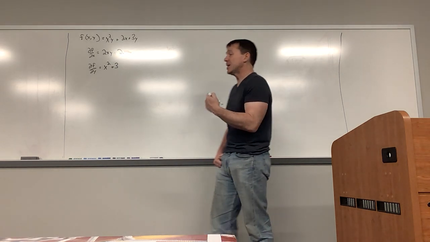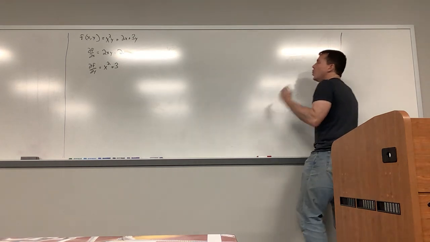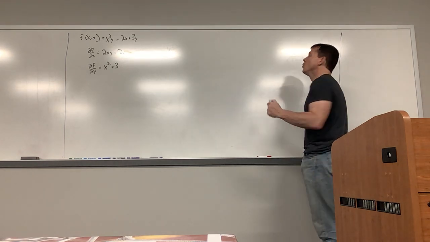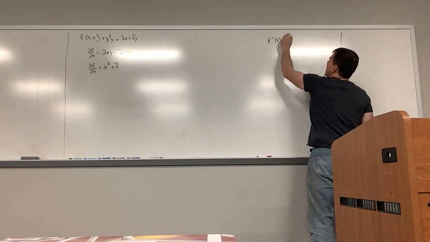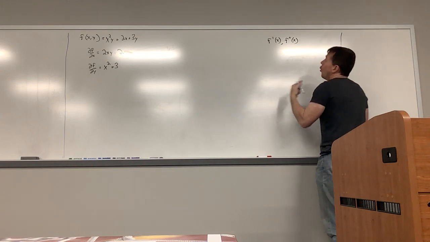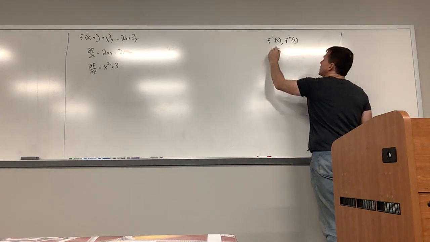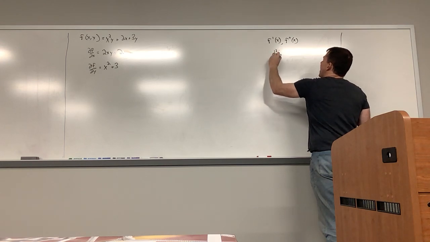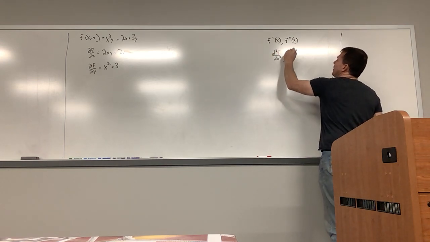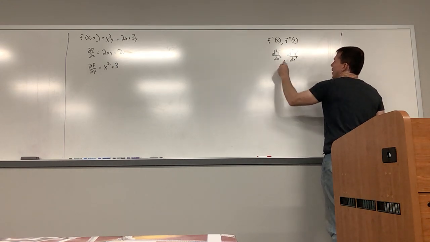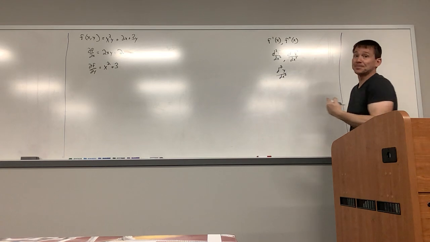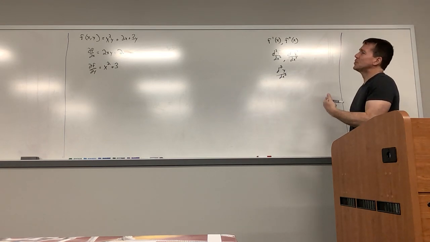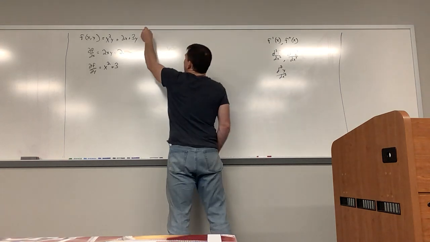Just a notational thing, like we mentioned last week: when you do higher order derivatives in Calc 1, you can either use the prime notation, like f prime of x, and then f double prime of x for a higher derivative, or you can write d squared f over dx squared for the second derivative, d cubed f over dx cubed, and so on.